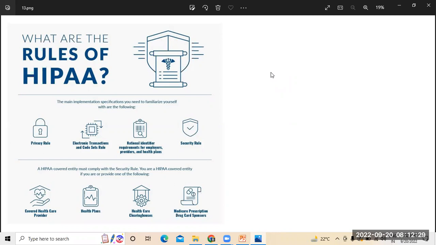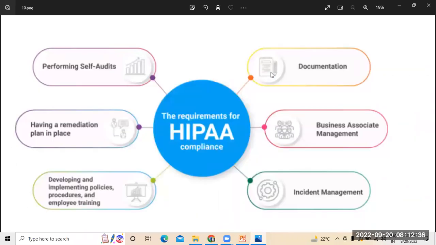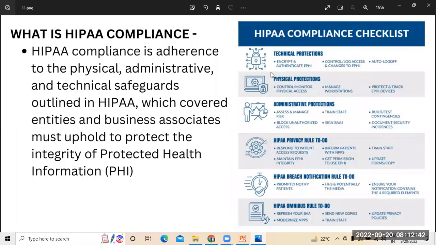Being a business analyst, we must know about these rules well in advance. When we talk about the requirements of HIPAA compliance, this is what a HIPAA compliance checklist is all about.